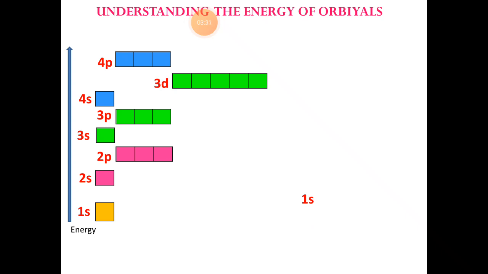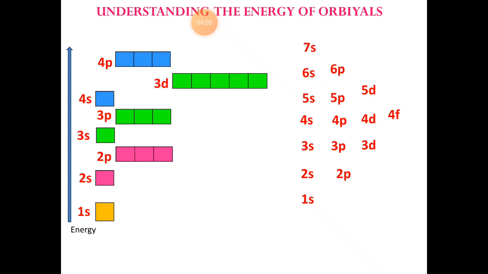If we see the graphical representation of it, the lowest is 1s, then 2s, 2p, after that 3s, 3p, 3d, 4s, 4p and then 5s, 4d, 5p, 6s, 4f, 5d and 6p.